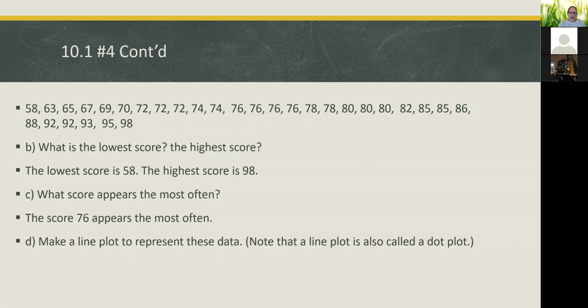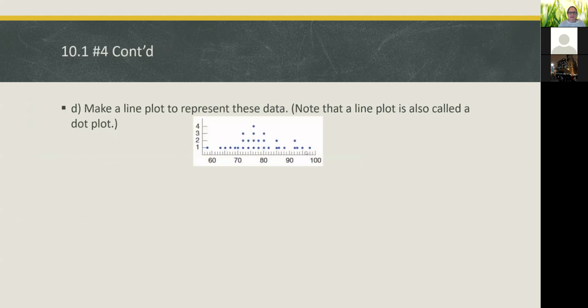Next, we're going to make a line plot to represent the data. A line plot can also be called a dot plot. So remember that our lowest one was 58, our highest was 98, and there were 3 72s and 4 76s.